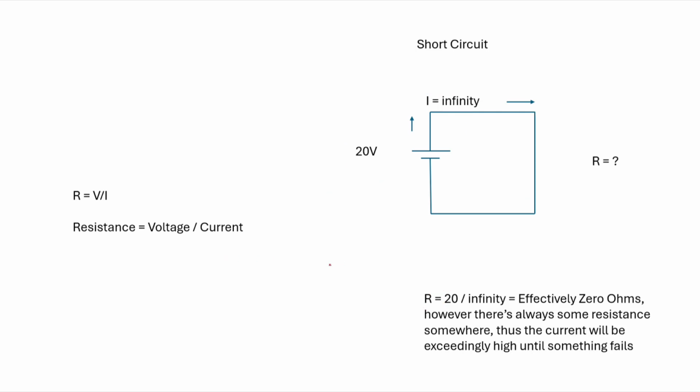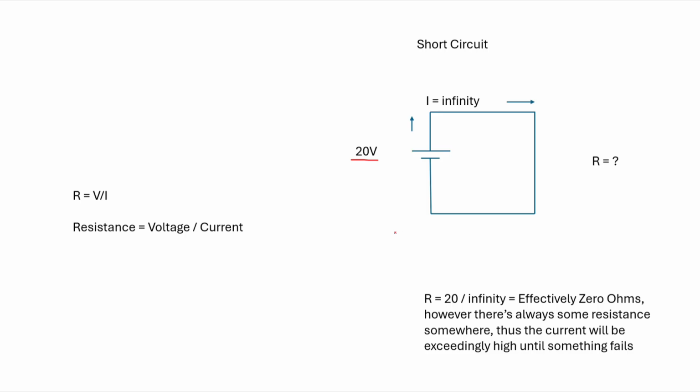Let's look at the other scenario. In this scenario, I've replaced the resistor with a wire. And we're going to assume these wires are perfect wires, 0 resistance, effectively. What will happen when I apply 20 volts, or any voltage for that matter? Well, this is called a short circuit. And the circuit is shorted.